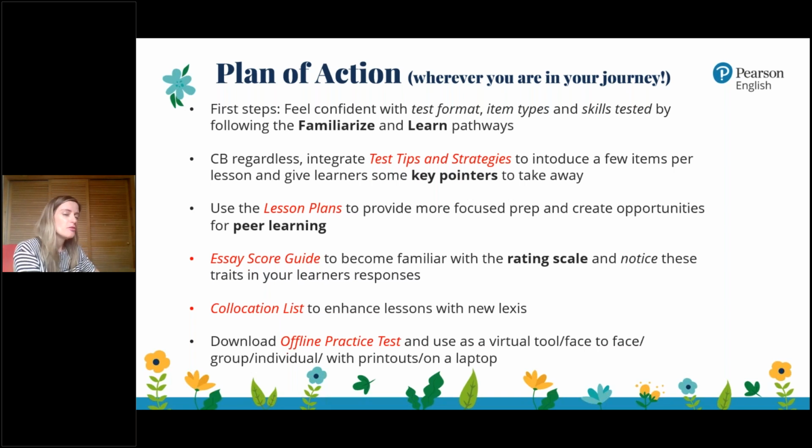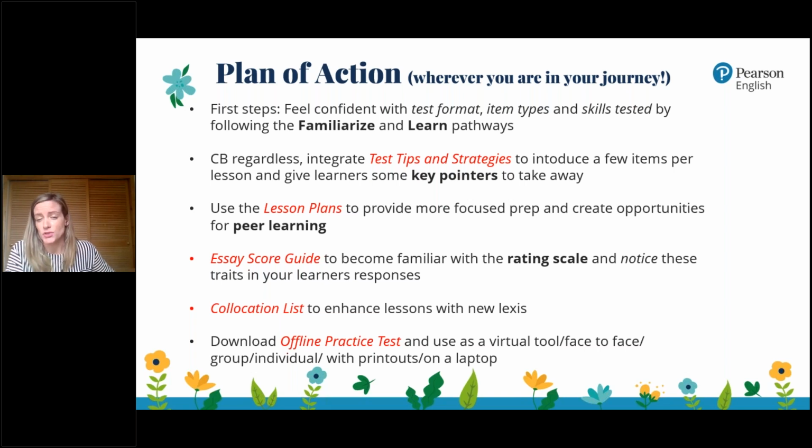Make sure as well that you familiarise yourself with the essay score guide. Do become familiar with the rating scale and start to notice these traits in your learners' responses, whether it's their speaking responses or in their written work. So just to give you one example, in writing, we know that your learners will be tested on their grammatical accuracy.